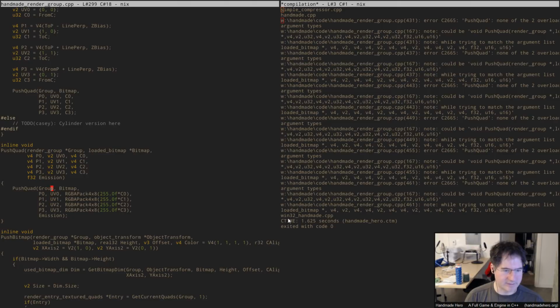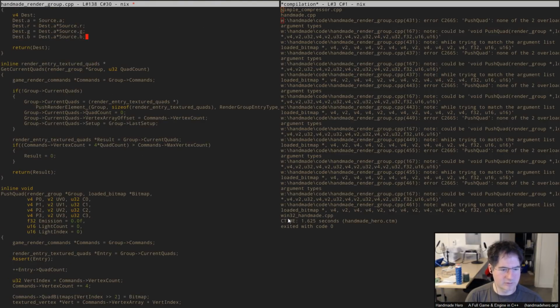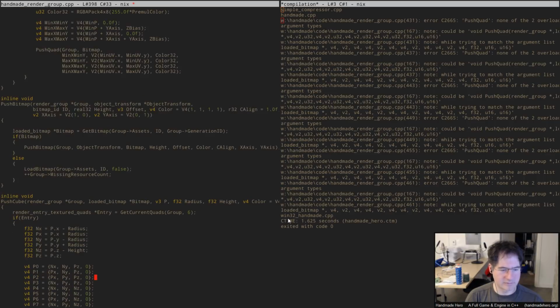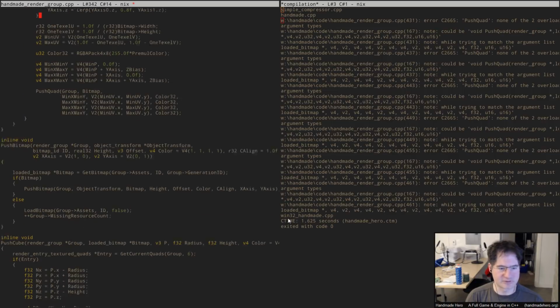Yeah, that does the pack. Oops, those are backwards, I think. Are they backwards? How did I do those? Light count, light index. For some reason the count comes before the index. Don't ask me why. It just does.